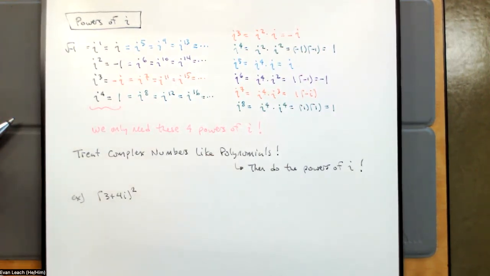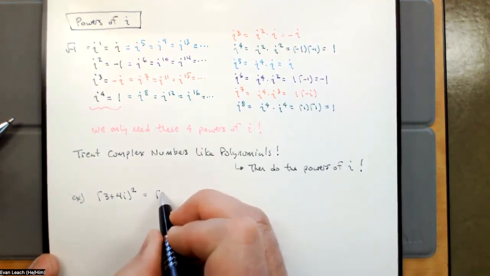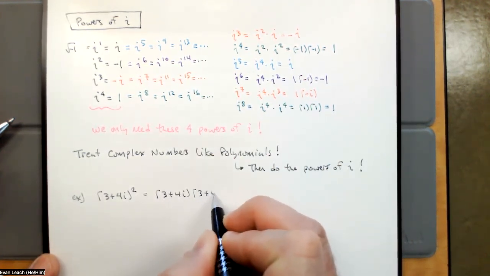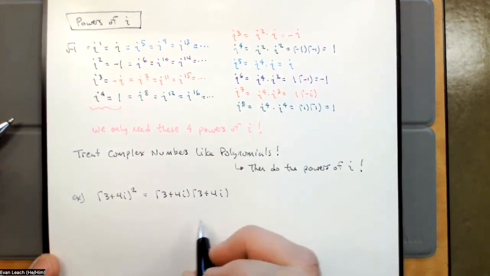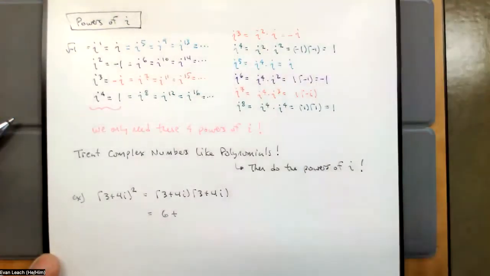So for example, if I wanted to find the square of 3 plus 4i, I'm going to treat it like a polynomial, but instead of x, we're writing i. So we get 3 plus 4i times another 3 plus 4i. So it's going to be 6. Sorry, 3 times 3 is not 6.